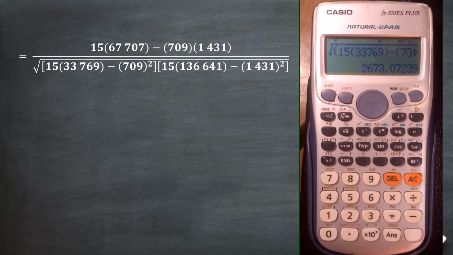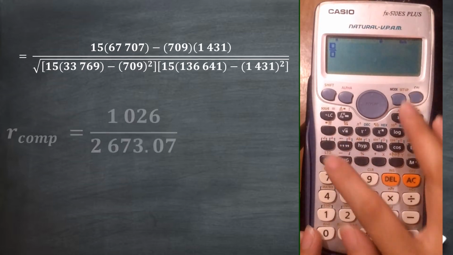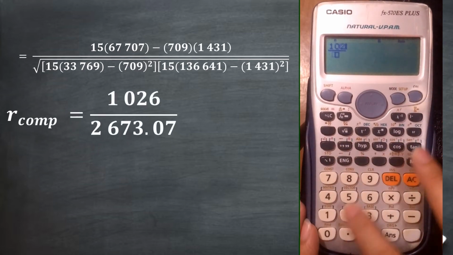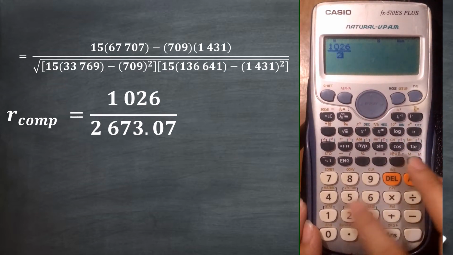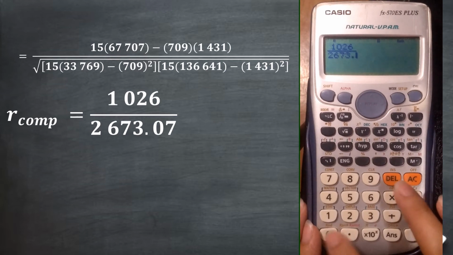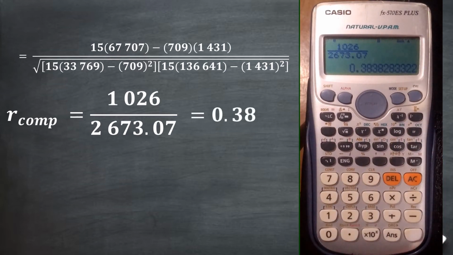This is the value for your denominator. And then solving for the R computed, we have 1026 all over 2673.07, equal sign, we have 0.38.